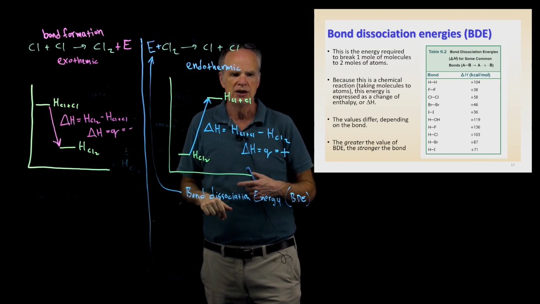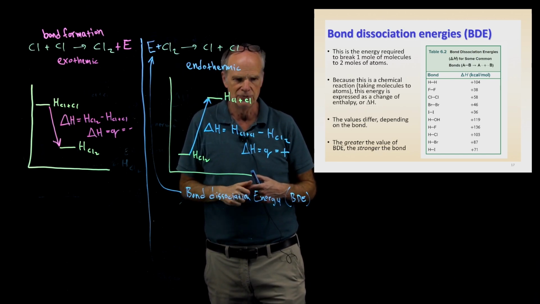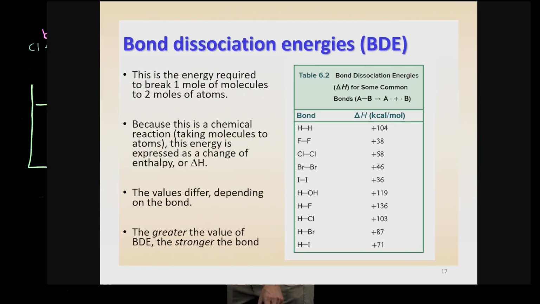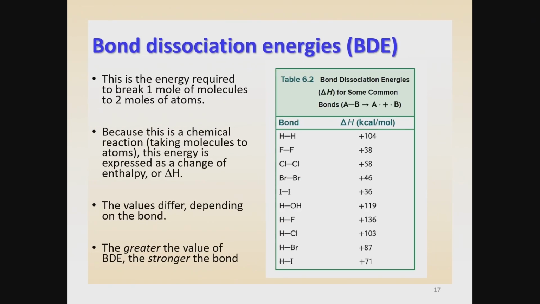And so what I want to do is increase the slide. This slide points out that bond dissociation energies for molecules are different depending on the atoms that are found in the molecule. The one we were just talking about is the bond dissociation energy for diatomic chlorine.